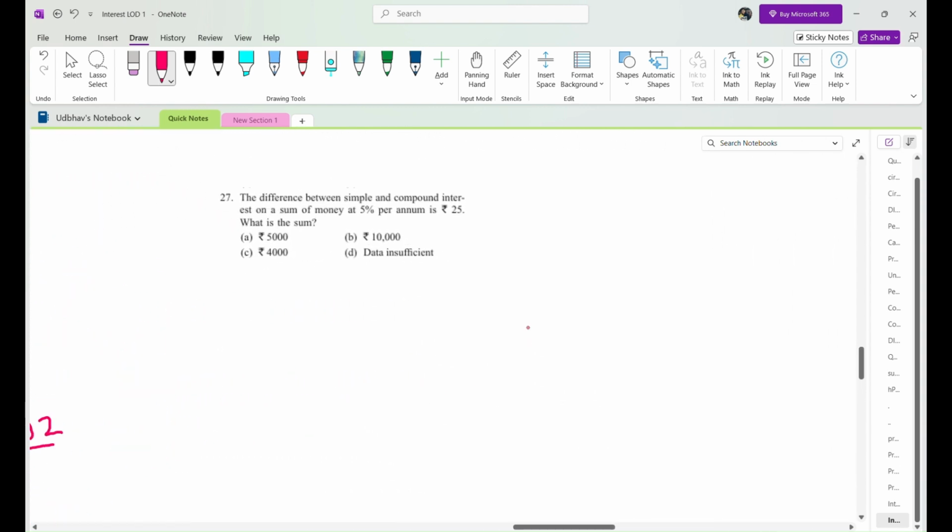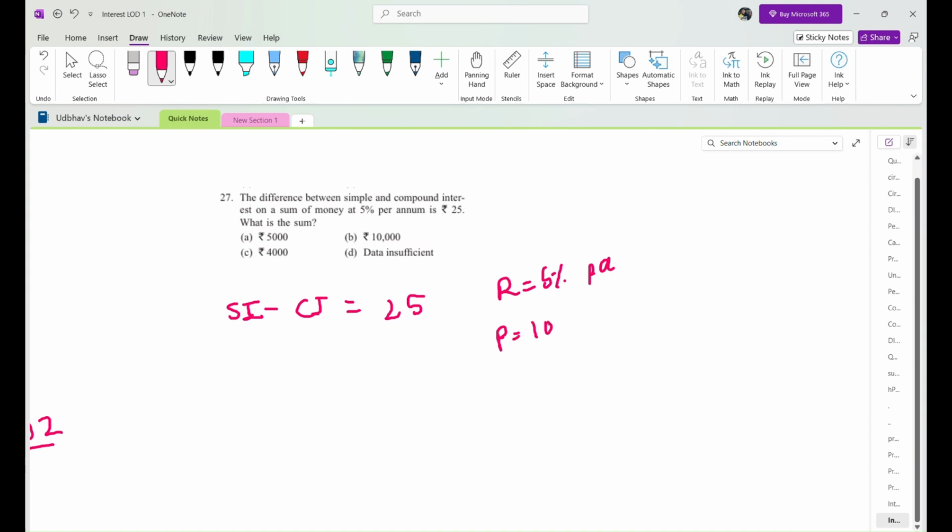The difference between simple and compound interest on a sum of money at 5% per annum is 25. Difference between simple interest and compound interest at a rate 5% per annum on some sum, let's say 100, is that for how many years?